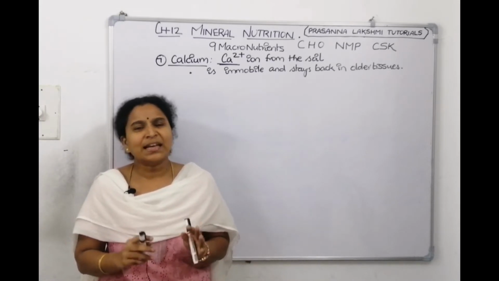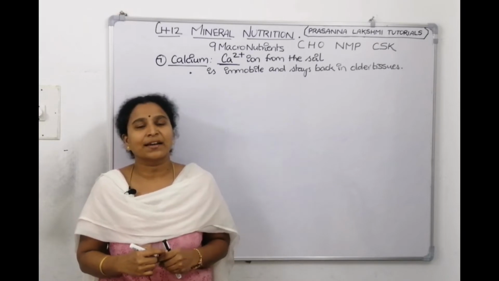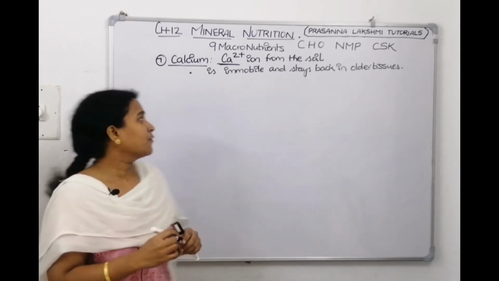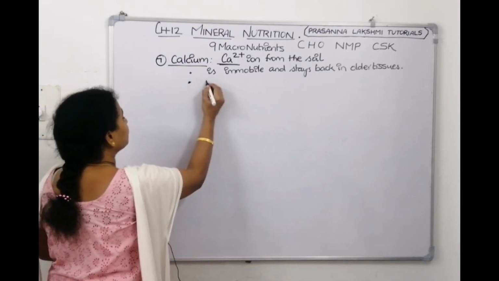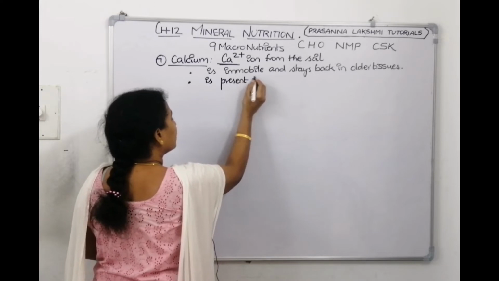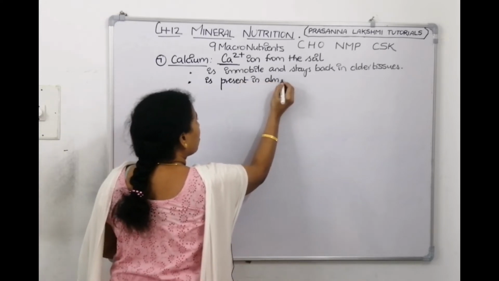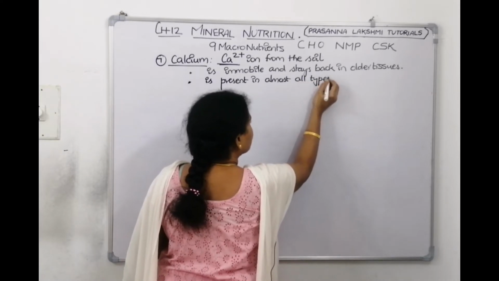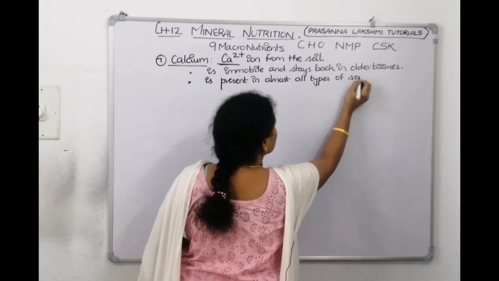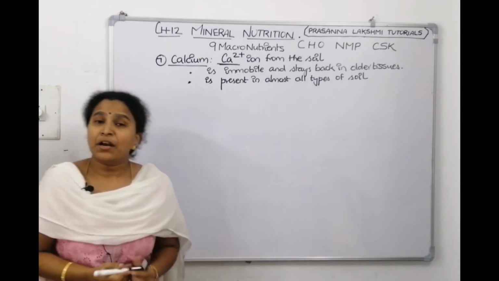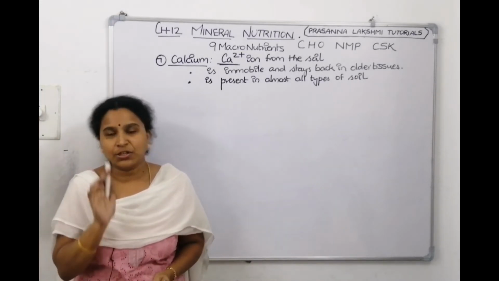So usually the plant will not get calcium deficiency, because calcium is present in almost all types of soils. Since calcium is present in almost all types of soil, the plant will not show calcium deficiency, right?